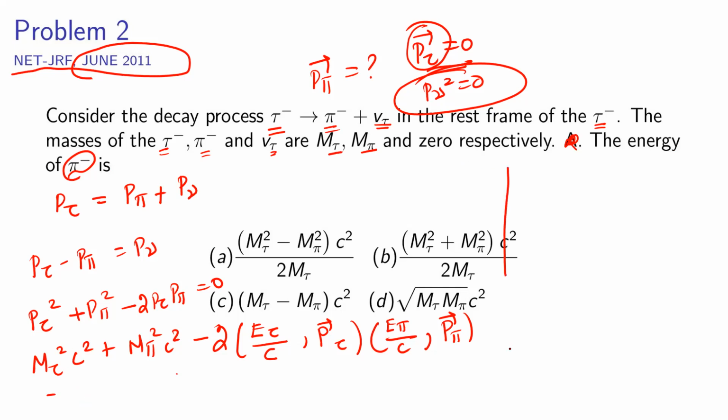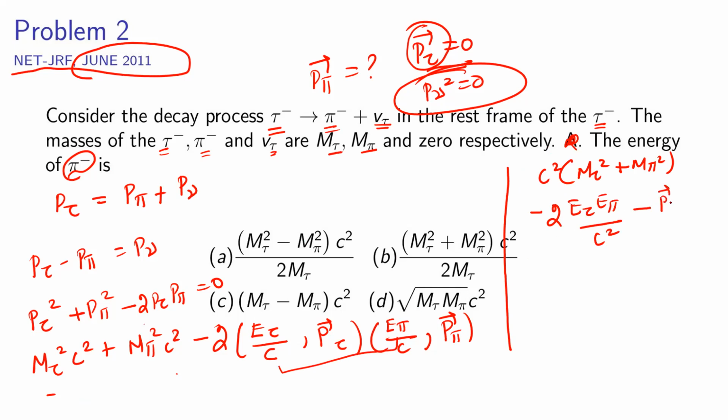So this is equal to, we can put the c square, m tau square plus m pi square, equal to minus 2, now you take the scalar product, E tau E pi divided by c square, minus P tau vector dot P pi vector.